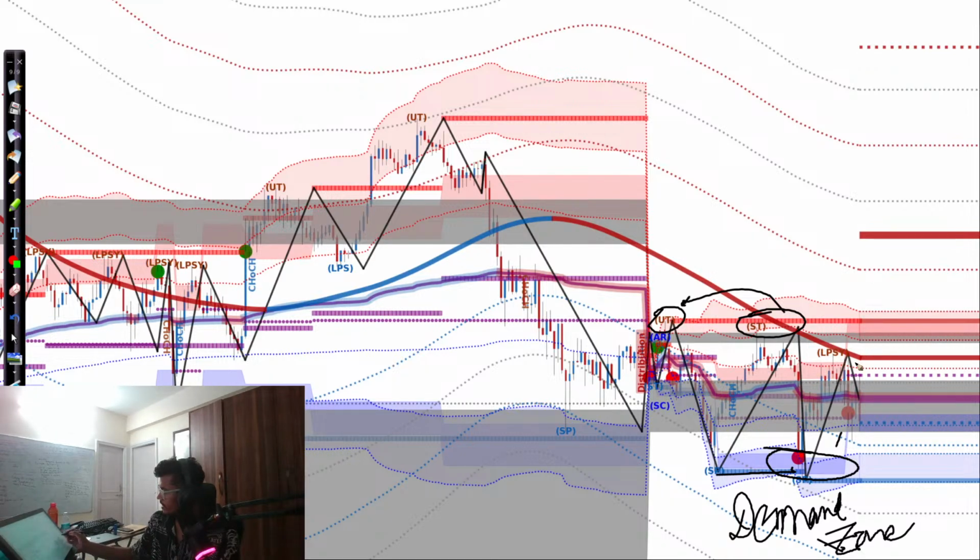And we are trading below this supply zone, so it's ideal that the market's gonna go down.